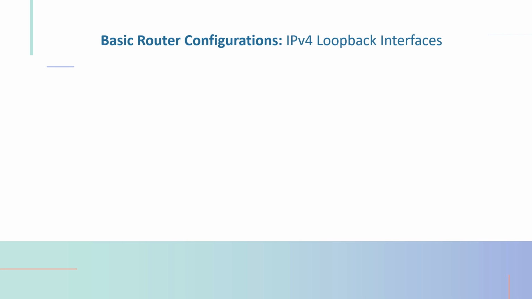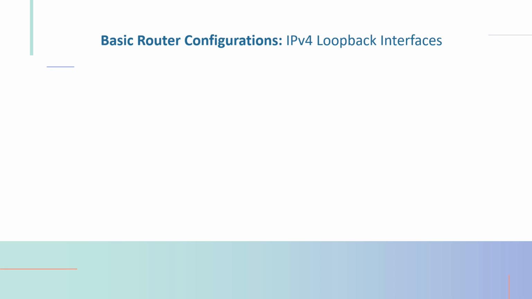It is considered a software interface that is automatically placed in an up state as long as the router is functioning. The loopback interface is useful in testing and managing a Cisco IOS device because it ensures that at least one interface will always be available.